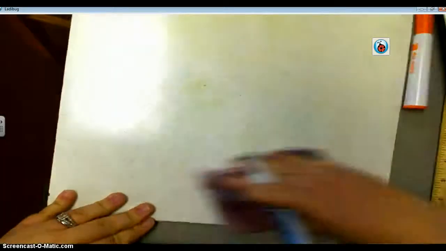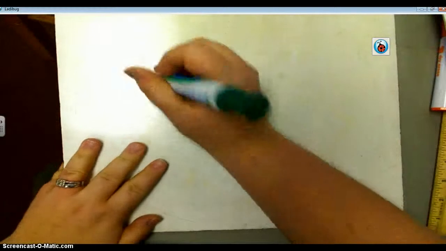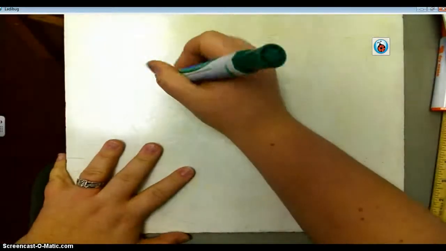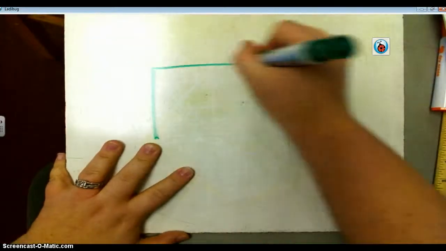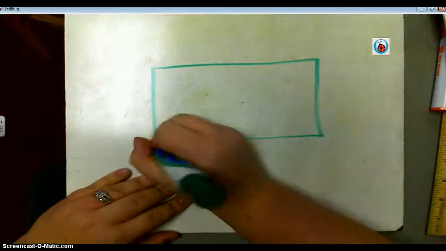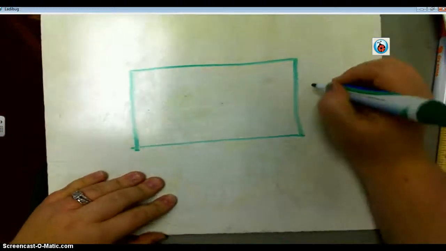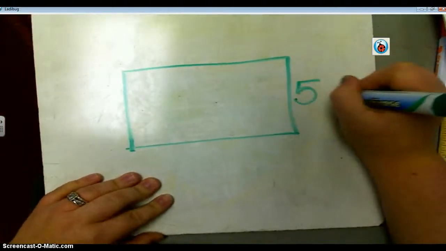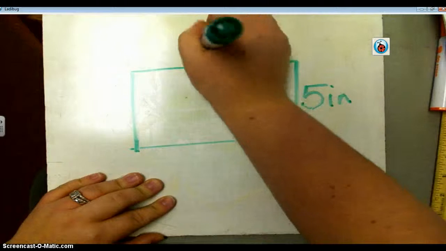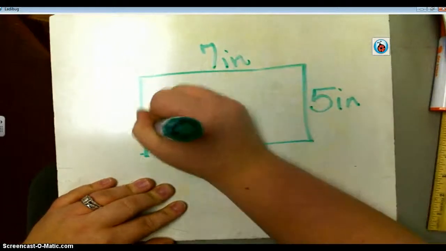So, since a square can be a rectangle, but a rectangle can't be a square, let's see if we can find the area of a rectangle. Let's say this is 5 inches and this is 7 inches. Tell me the area.